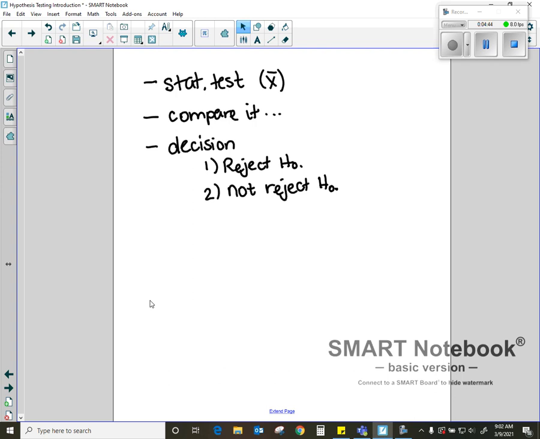When we're doing a hypothesis test, just like when we were finding confidence intervals and that sort of thing, we're going to be given a level of significance, and that will be told to us in the problem. It very much parallels how confident we want to be.